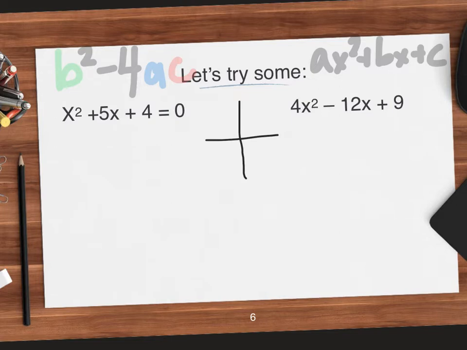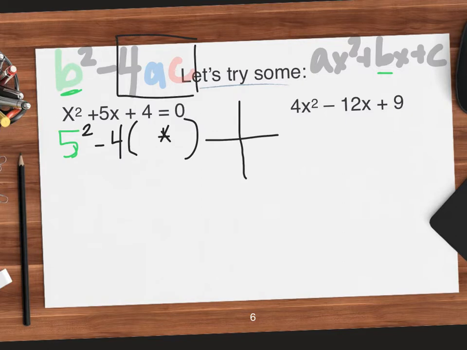Okay, so my b is this value, so I'm going to put a 5 squared minus 4. That part is always exactly the same. And then I do this to show that this is all one big multiplication problem. So then my a value is 1, and my c value is 4.